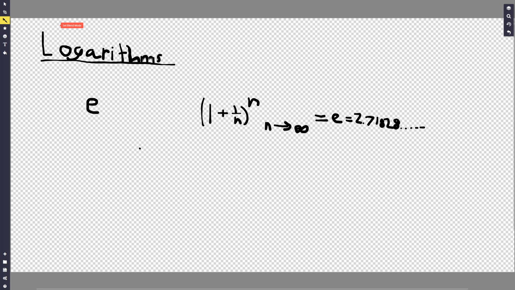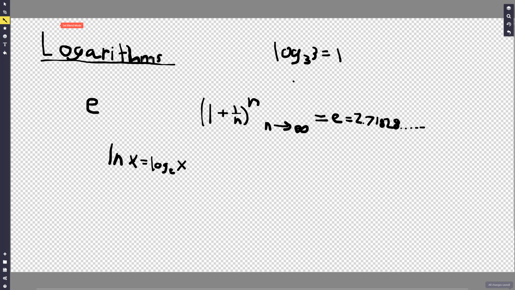But there's a thing called a natural log, sometimes written as ln. That is a special type of log. It is equal to log base e of x. Using the natural log is very helpful when you have equations involving the constant e, because if we have log base 3 of 3, we know that's equal to 1.